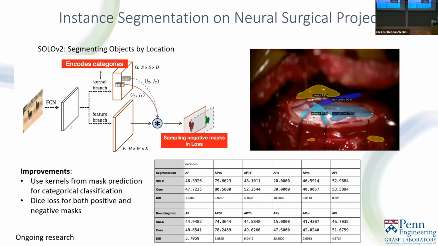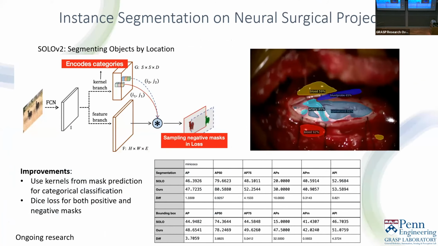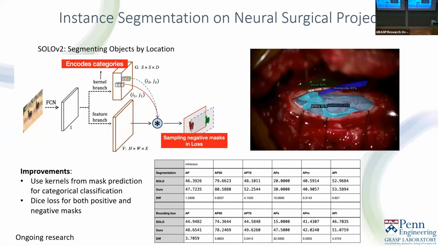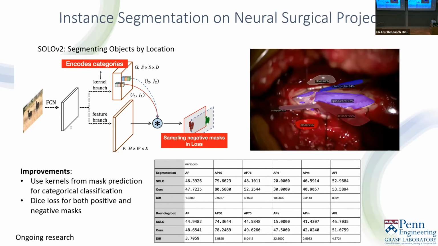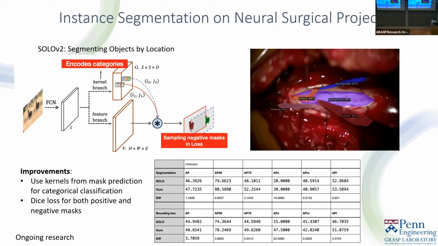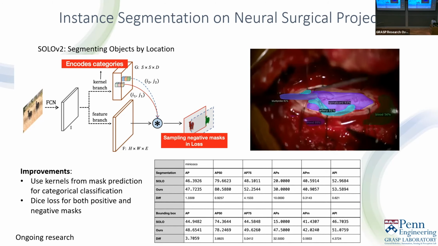We have also been working on neurosurgical projects, where the goal is to run instance segmentation on the fly to help doctors better recognize things on the fly. Our group has also provided lots of interesting improvements on the current instance segmentation networks, and also shown quantitative improvements over the baselines.